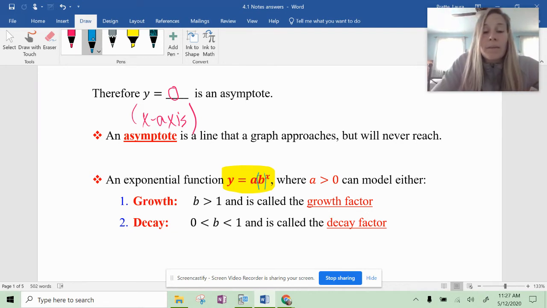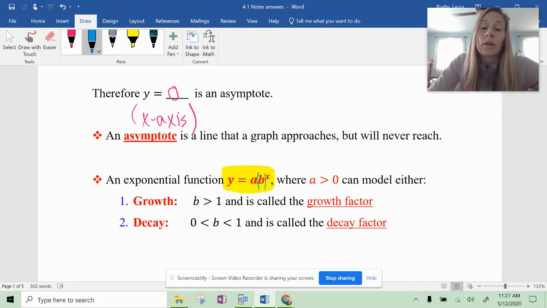So if that b value is greater than 1, then this b value is called a growth factor, because when you raise a number greater than 1 to an exponent, the number will grow. That's why it's called a growth factor. But when that value is something less than 1 but still positive, then that number will be called a decay factor, because it will make the actual original number decrease.